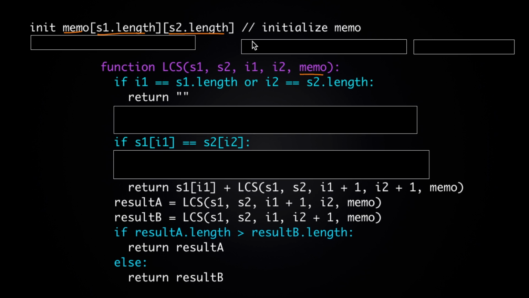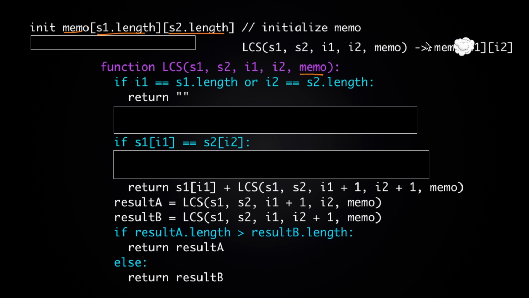And then the return value of LCS of S1, S2, I1, I2, memo is going to be stored right here in this two-dimensional array at the indices I1 and I2. And so, outside of this function, we're going to have to initialize that and then call LCS with S1, S2, actually 0, 0, and then memo.